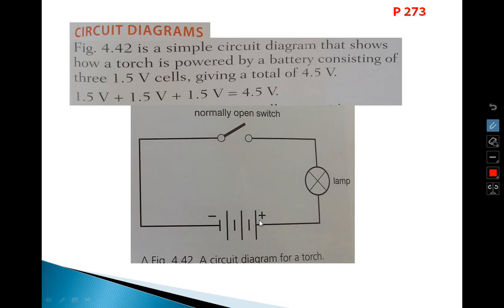So where does the current start? From this point, the positive one, moving through the circuit like this until it comes back to the minus part, and then again this way. This is the direction of current I.